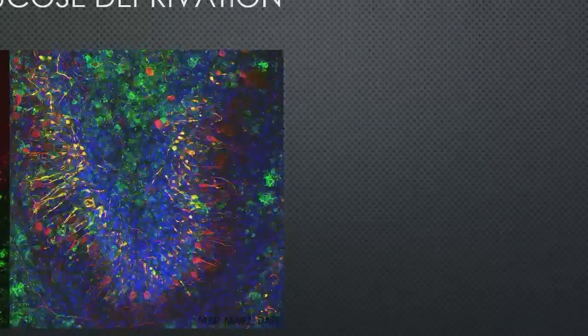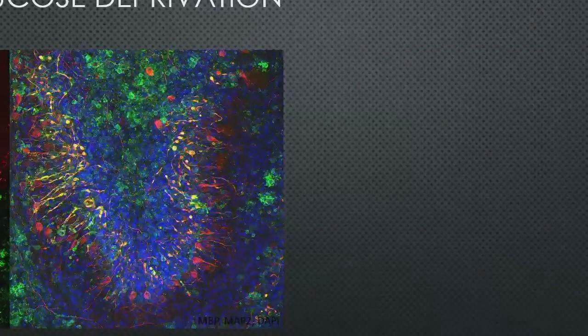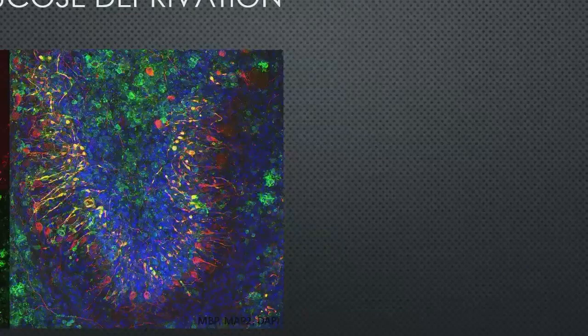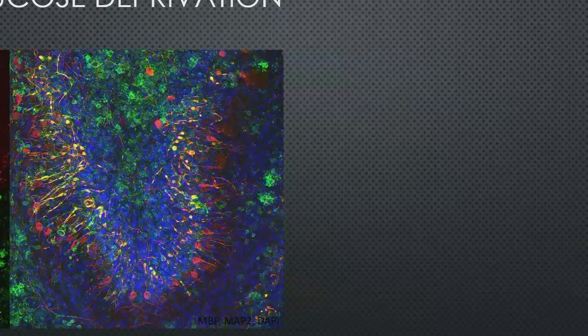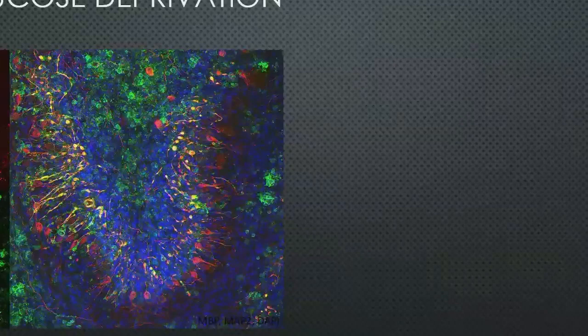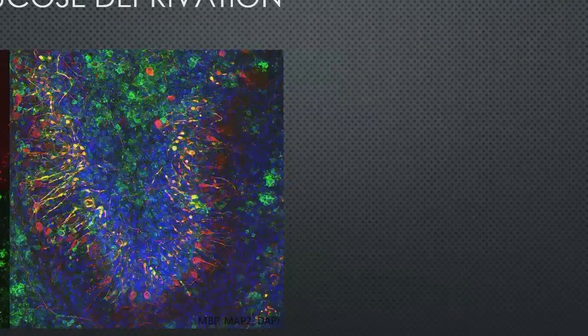So we all know that hypoxia is a pathologic characteristic of stroke and traumatic brain injury, but it's also associated with diseases like cerebral palsy. To model this in a dish, we developed a brain slice model where we can deprive it of oxygen and glucose. This is what the slices look like.